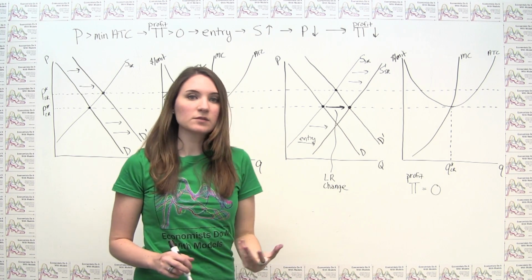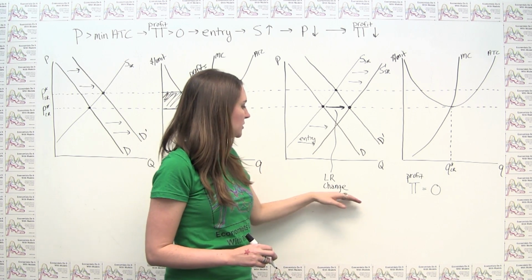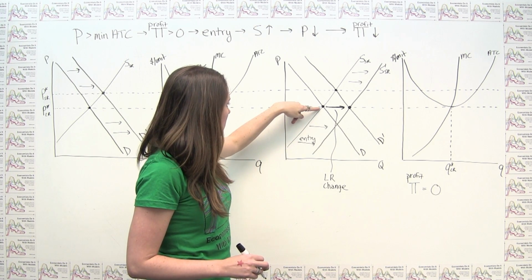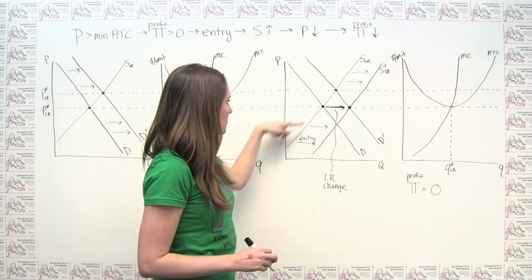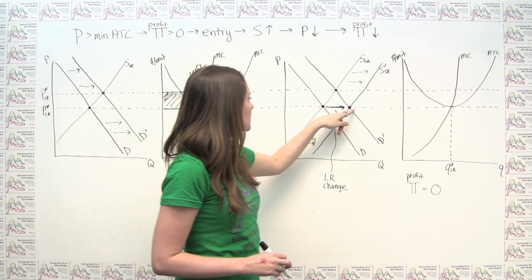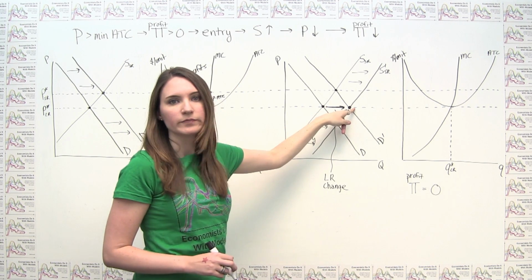For the market, we can think about the overall long-run change in the market equilibrium. Well, the market started here at our original supply and demand curves, and the market ended up over here.